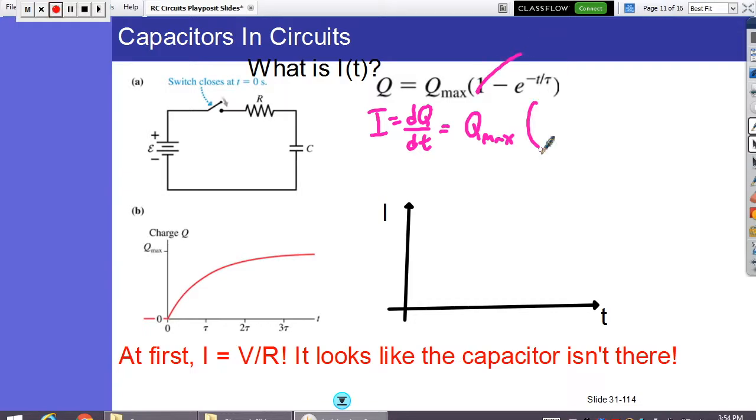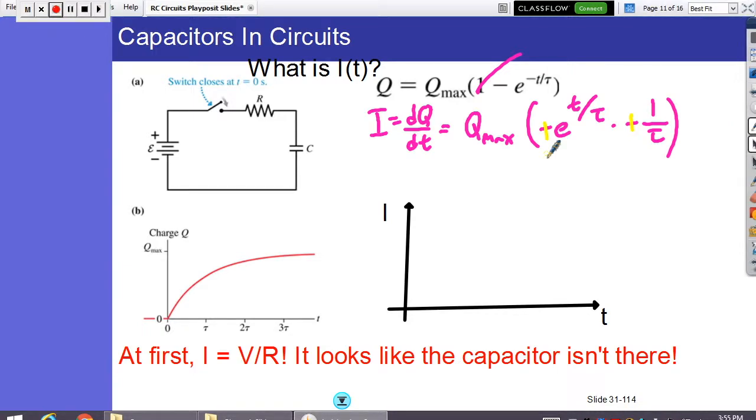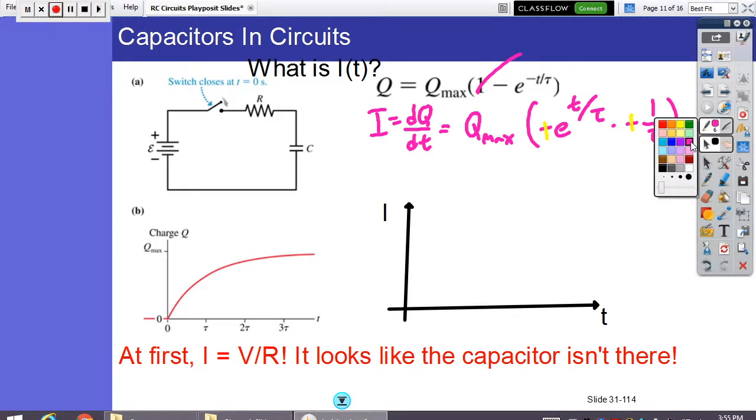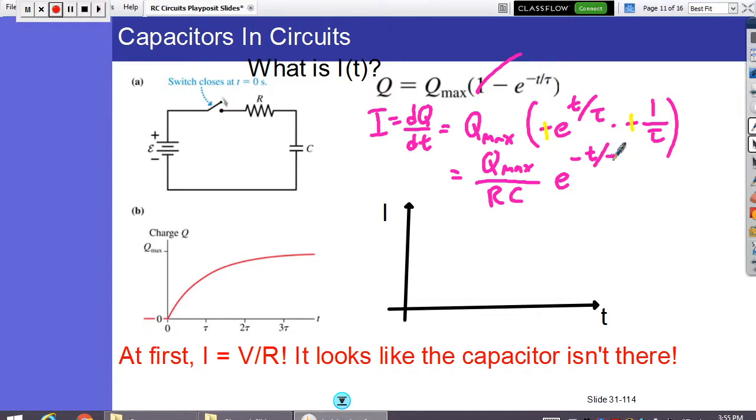And so I get a negative e to the t over tau times negative 1 over tau from the chain rule. So my negatives cancel out. What was tau again? Tau was RC. So this is going to be Q max over RC, e to the minus t over tau.